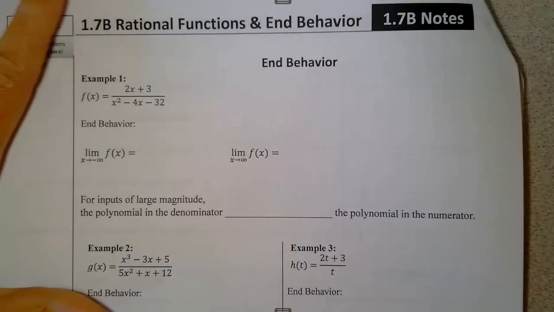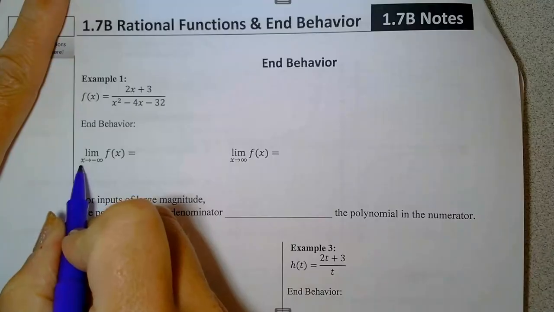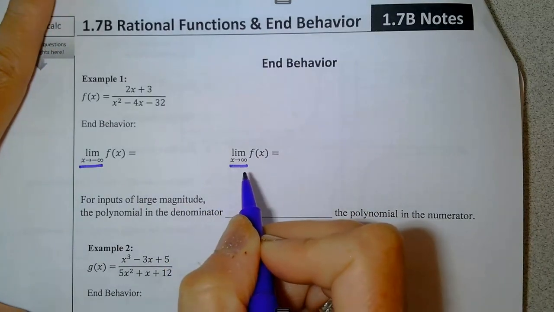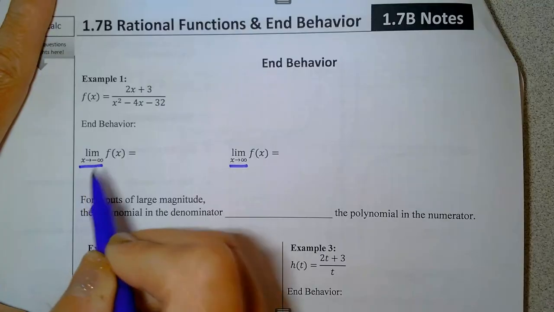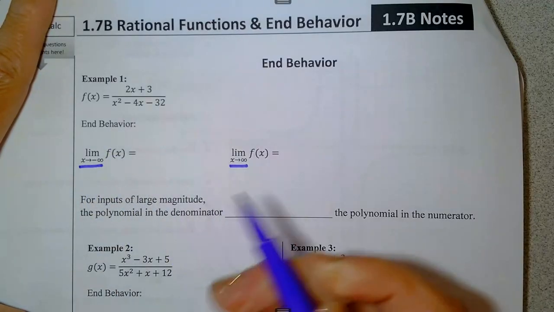So, do you notice that end behavior is x to negative infinity and x to infinity? Could I put infinity in place of x? Yes, that's kind of what that means.